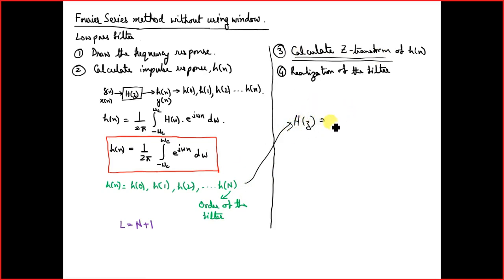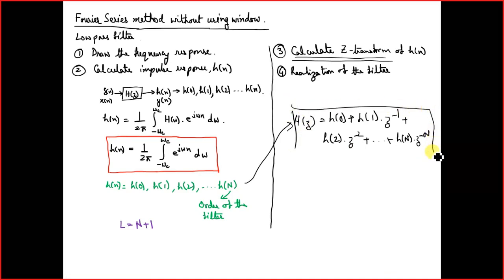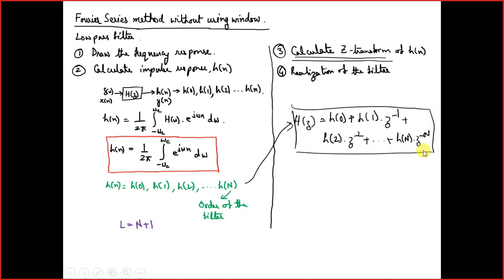Hz is very simple: H0 plus H1 into Z to the power minus 1 plus H2 into Z to the power minus 2, and so on, up to Hn into Z to the power minus capital N. So now you have got the transfer function of the FIR filter you want to design.